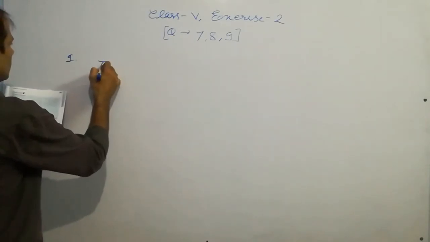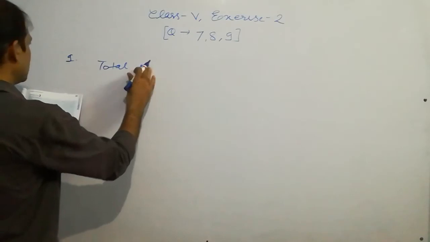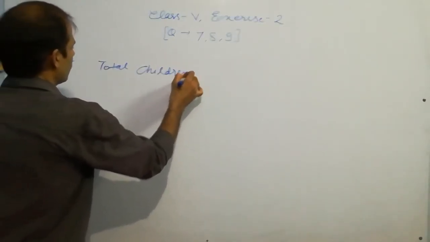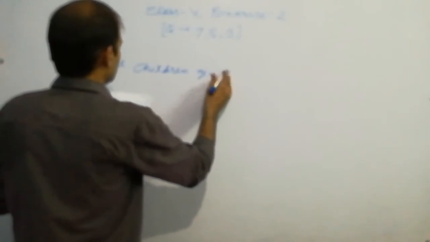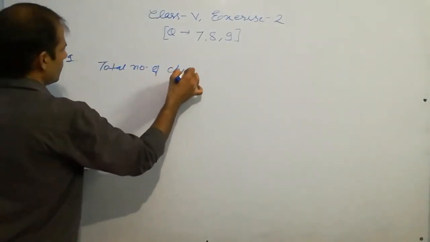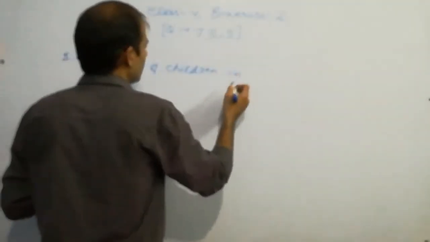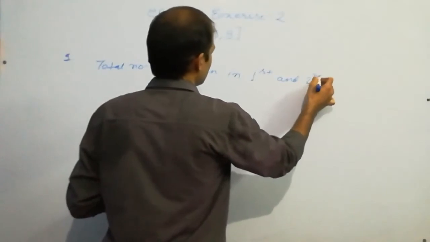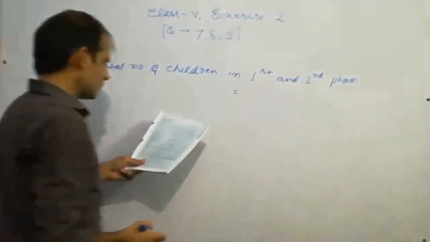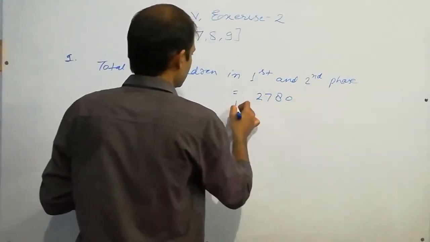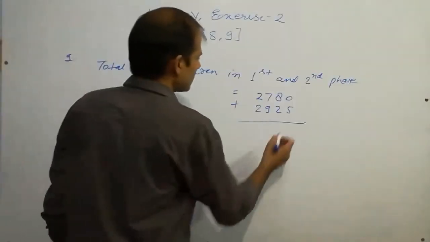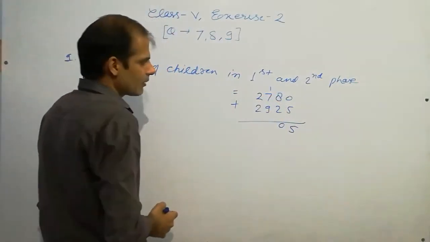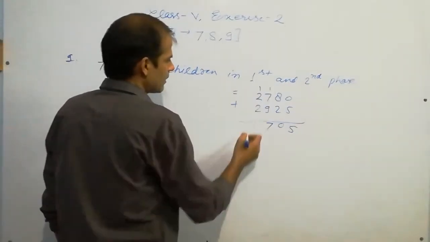So total children, okay, we will write total number of children in first and second phase equals, just add the values: 2780 plus 2925, okay, and add. 0 plus 5 is 5, 8 plus 2 is 10, 1 carry, 1 plus 7 is 8, 8 plus 9 is 17, 1 carry, and it is 5.